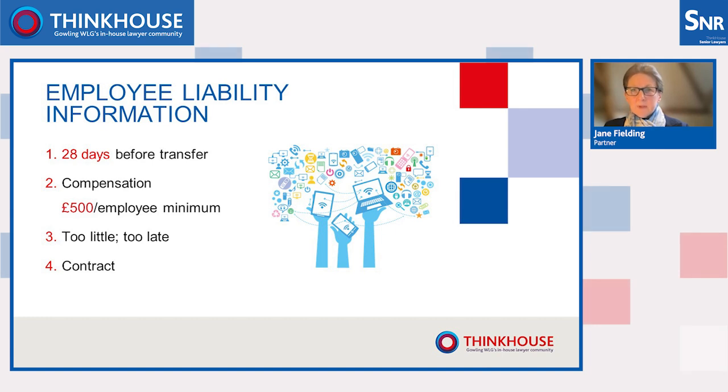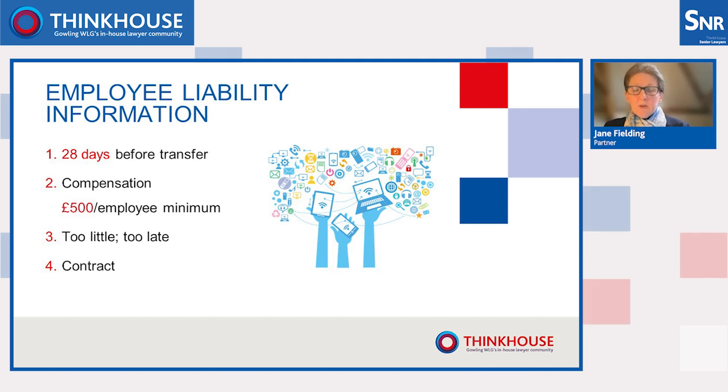If in a business protection situation, a business sale situation in particular, you might be concerned about restrictive covenants from a business protection perspective, and Regulation 11 wouldn't give you that either. So we often see in an outsourcing situation, these information provisions supplemented by contractual provisions where the customer has built into the contract a requirement that the outgoing service provider, or potential outgoing service provider in a tender situation, has to provide information that is more useful so that that can help people shape their bids and price for the contract.